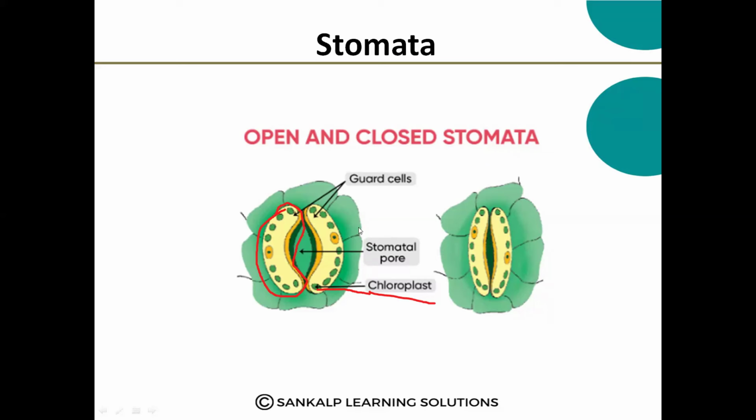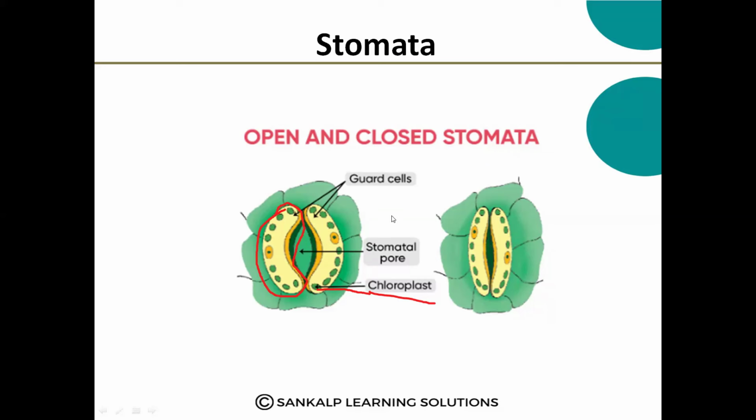You can observe the difference between the open and closed stomata. These stomata help for the exchange of gases through this pore. Carbon dioxide is going inside and oxygen is coming outside.